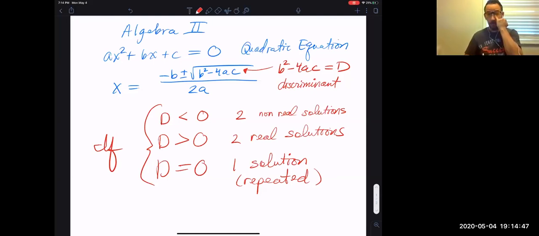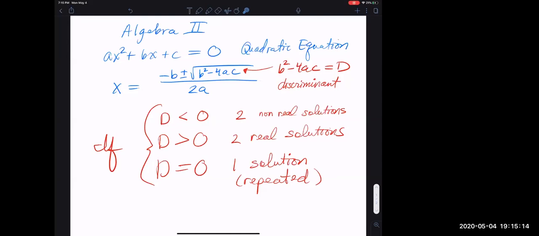Instead of saying when 0 is greater than d, I would read starting with the d and say when d is less than 0. What you said was correct also, but it's better to say when d is less than 0.